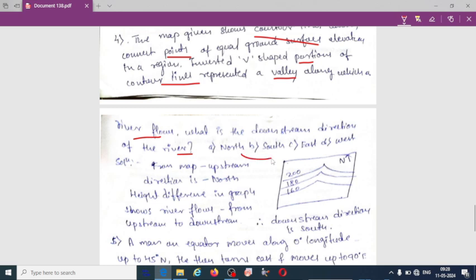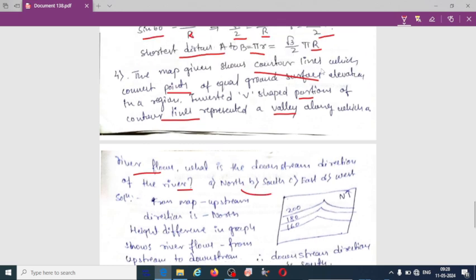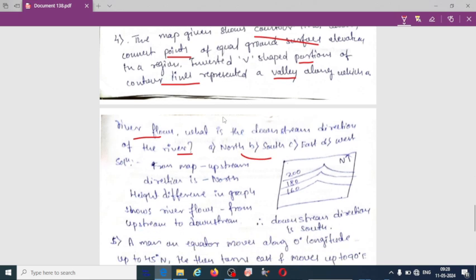So here are the 4 options. Here in this figure you can see the contour lines connect points of equal ground surface elevation in the region. So the inverted V shape portion of contour lines represents a valley. Here is the valley along which a river flows.